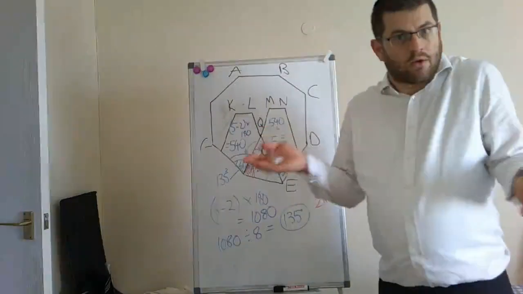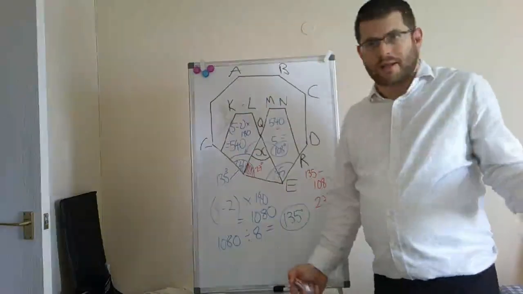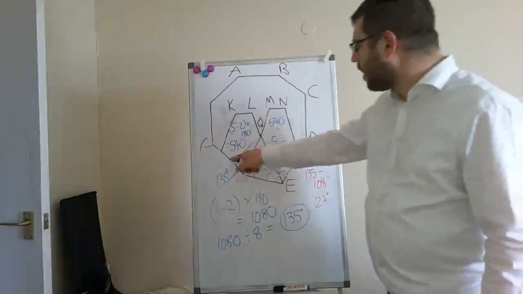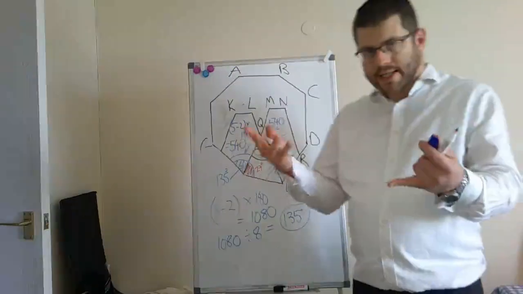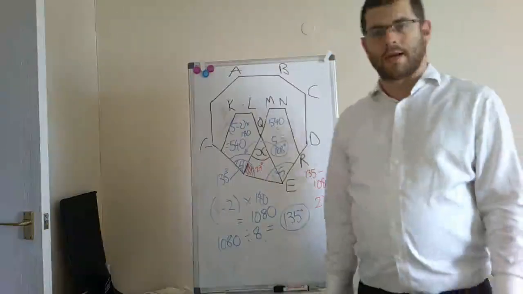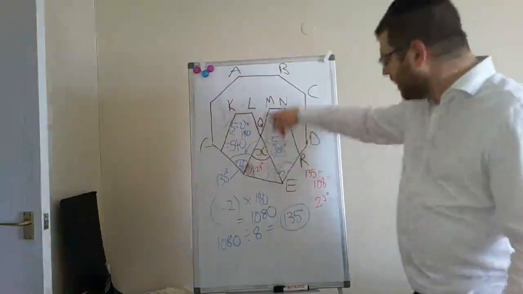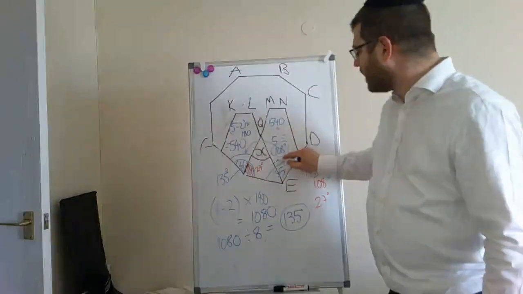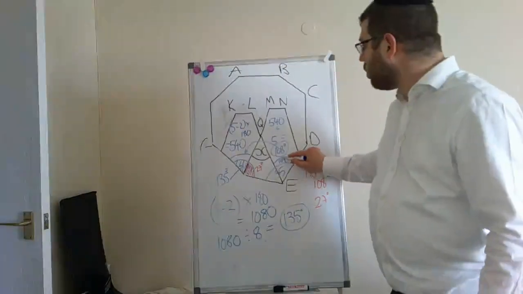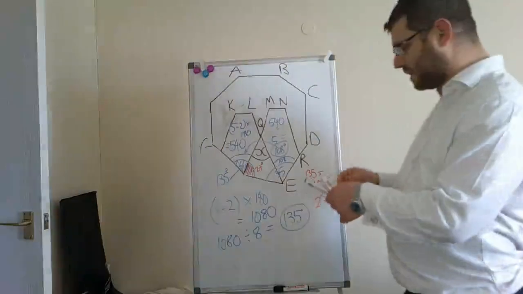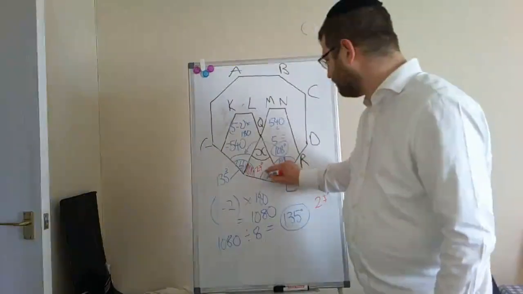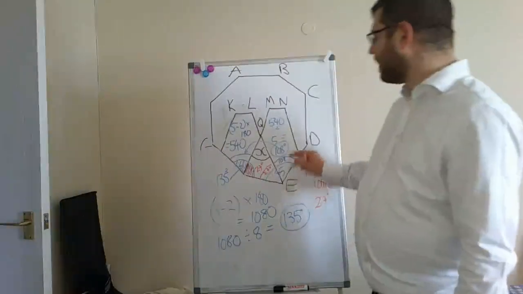They're both regular pentagons. So this 108 over there, which was an interior angle for this particular pentagon, well, these are all 108 as well. So the point I'm trying to make is this is 108 as well, which ultimately comes down to the fact that this is also 27.